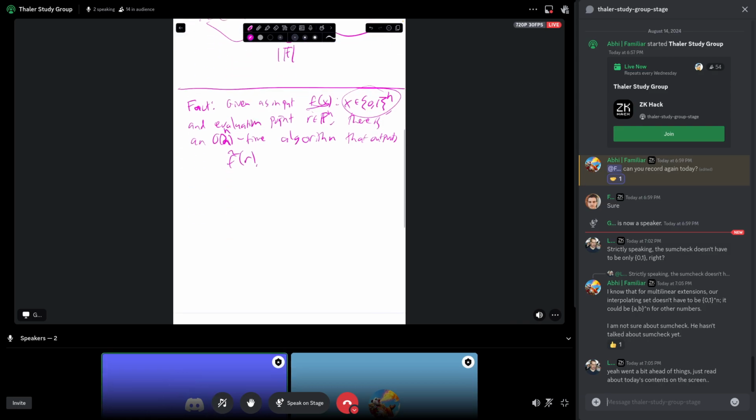That's the best you can hope for, given that you have to at least read the input, which is 2 to the n evaluations of f, or the thing you are extending.